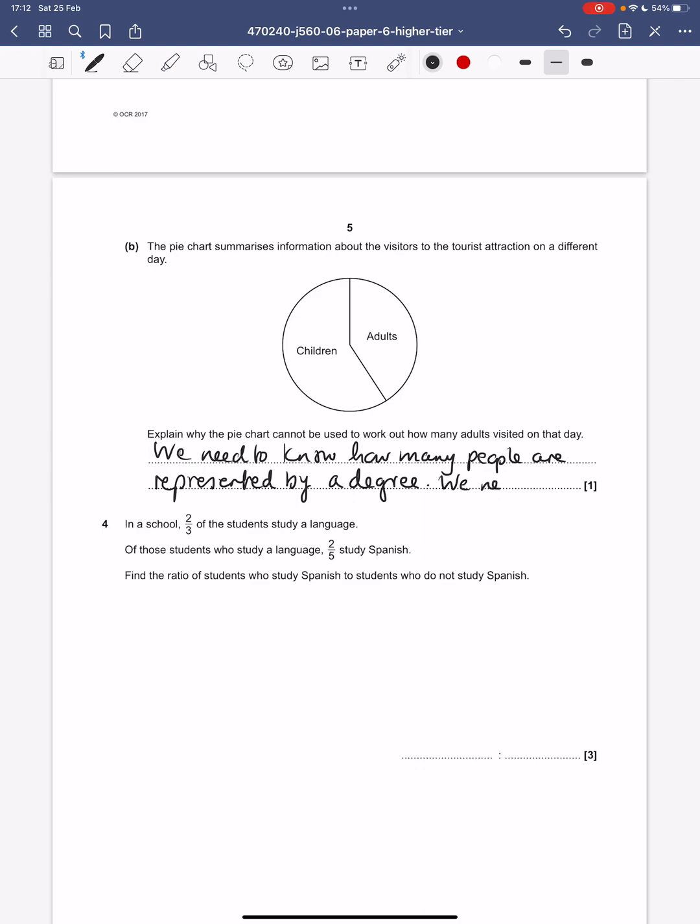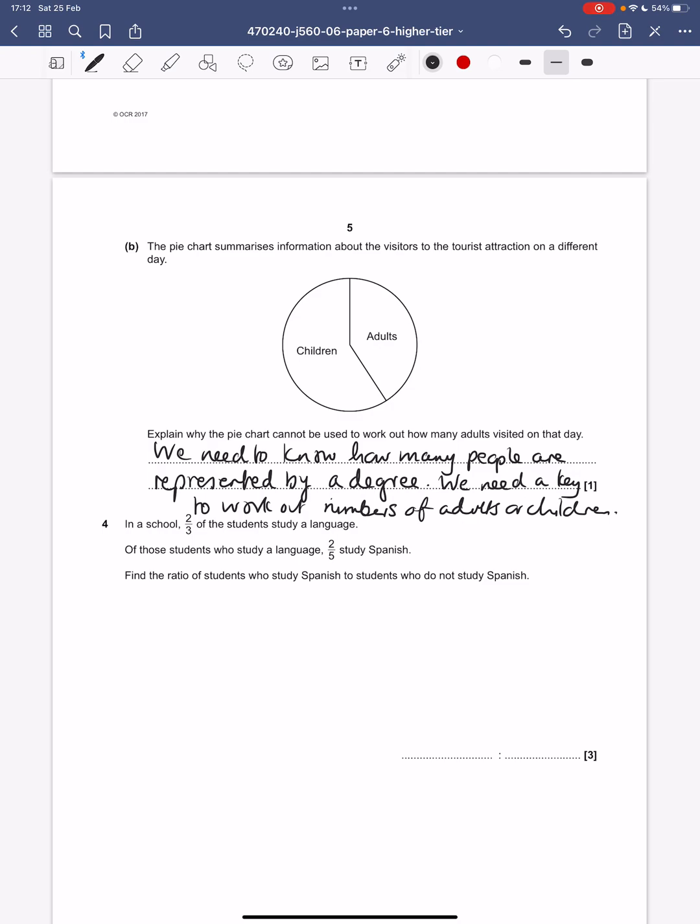So we need a key to work out numbers of adults or children. Okay, you need a key.